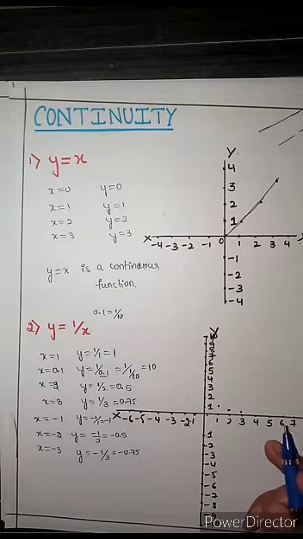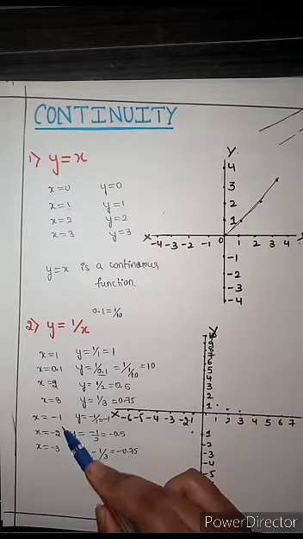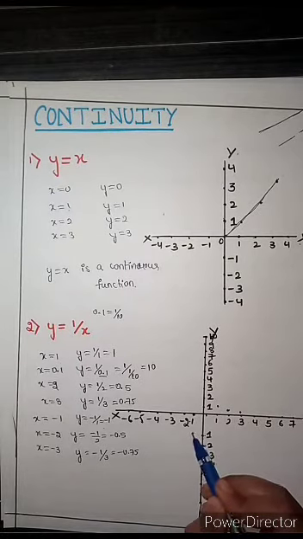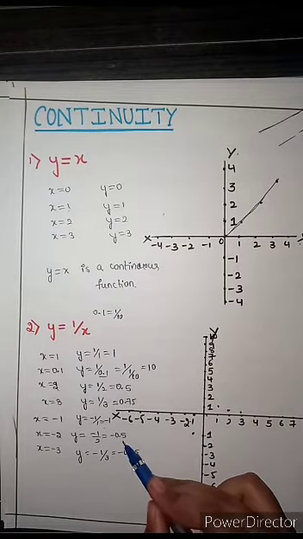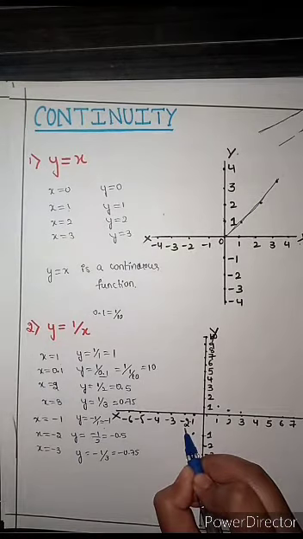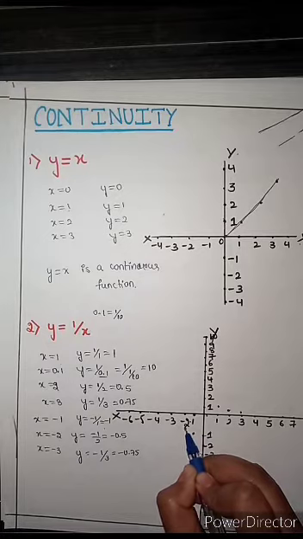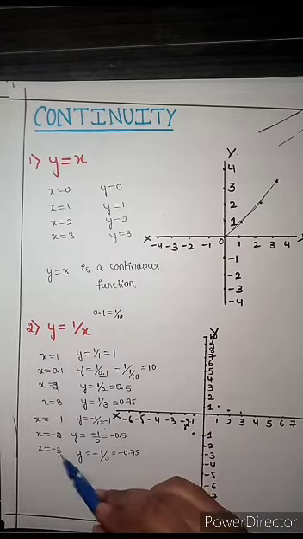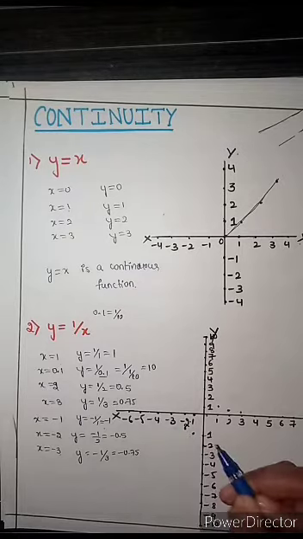Okay, now let's take negative values. x = -1, y = -1, here it will be. And for -2 we got -0.5. I think here we will get -0.5 in the center, right? And for -3 you will get -0.75 here.